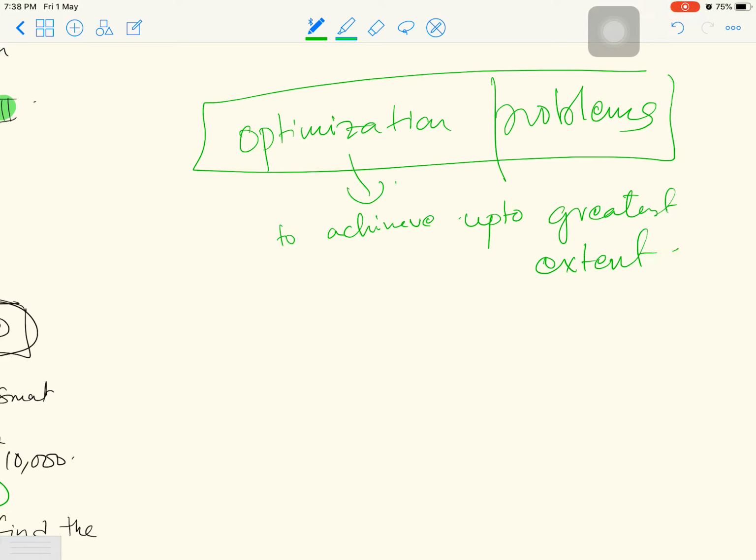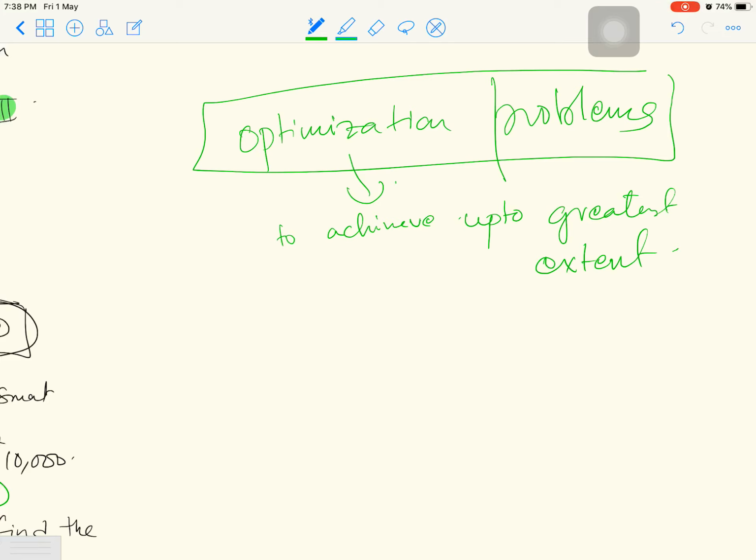You may have to sell the maximum amount of goods, or you have to reduce the price. In this type of sums you need to optimize. To optimize would mean to maximize or minimize, but up to what extent is possible.